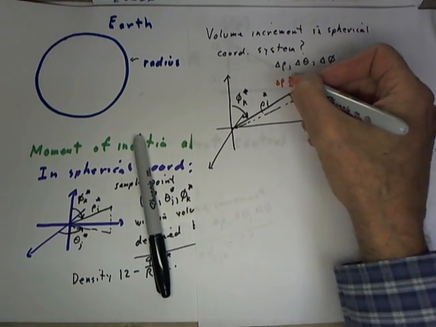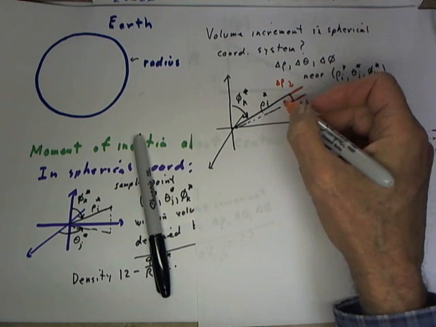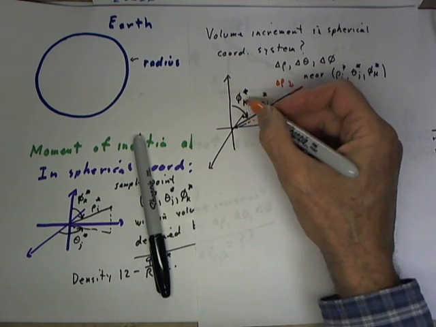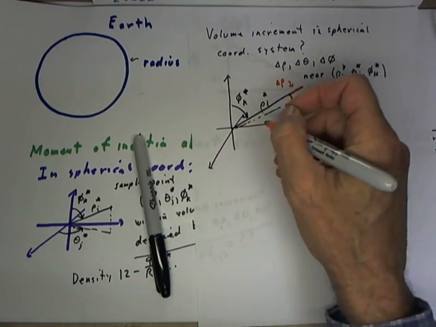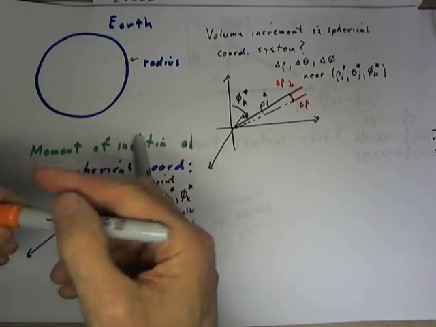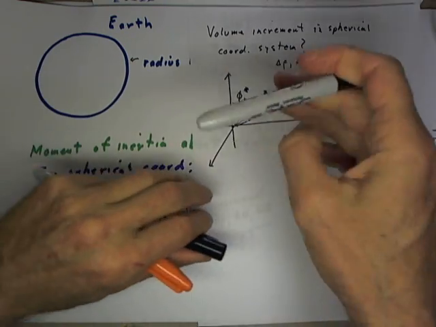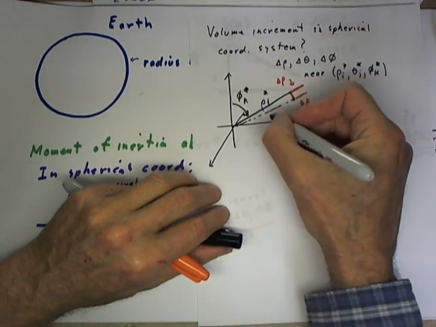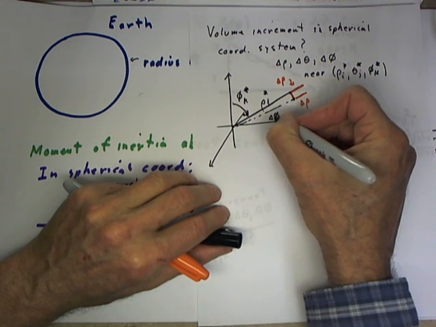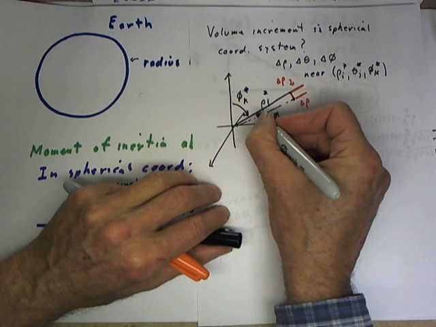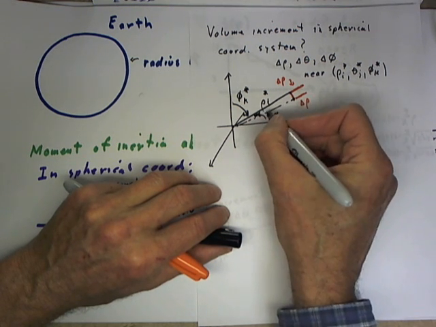Now this distance here between this point and this point is what? Well, our angle's changing by delta phi, so the angle in here is delta phi, and our distance is rho sub I star. That would be this small angle in here.